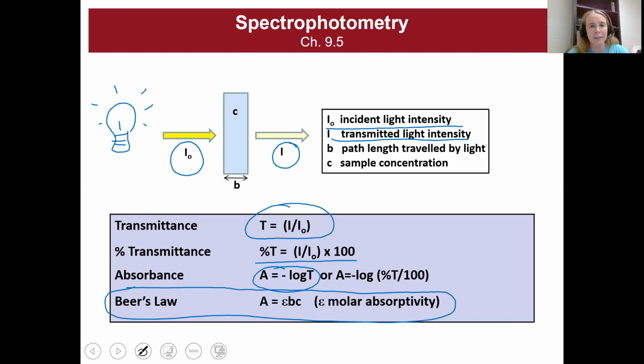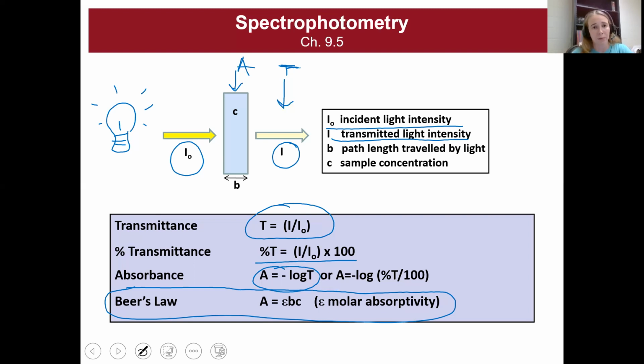The transmittance tells us about the light, but the absorbance, which is related, tells us about our solution. So we'll put a little T here, and a little A here. Instead of talking about the transmittance, we like to talk about the absorbance.